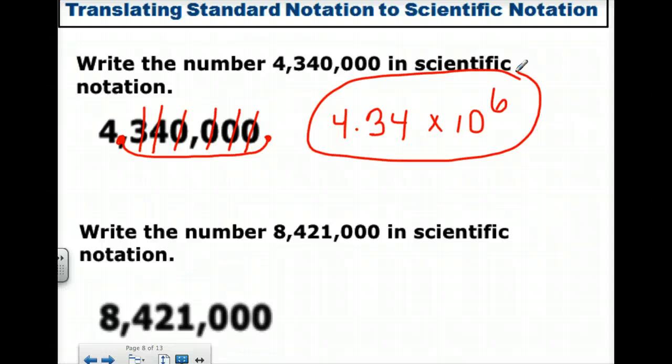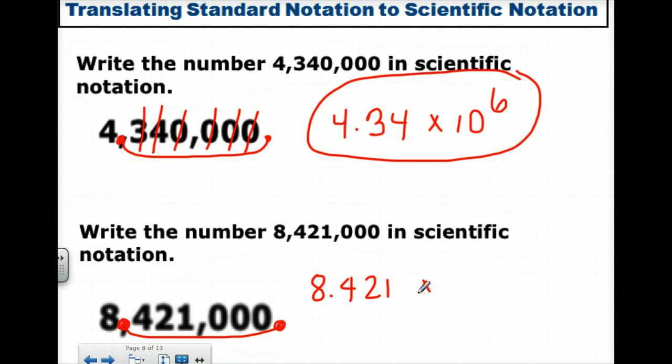Go ahead and try the next one. Pause the video, come back and check your answer. Move your decimal point behind the very first given digit. Write your first factor. Remember, the factor must be greater than or equal to 1, but less than 10.